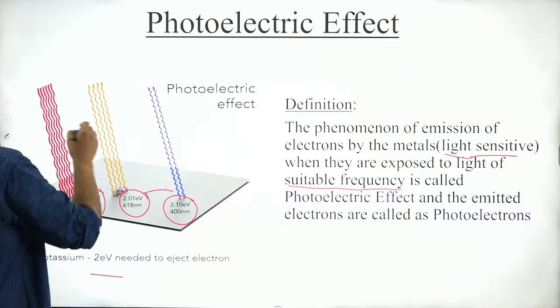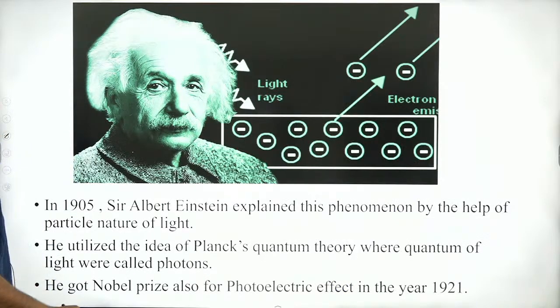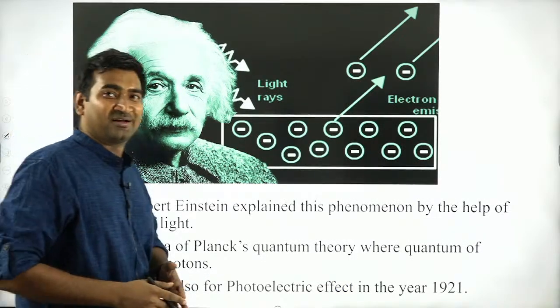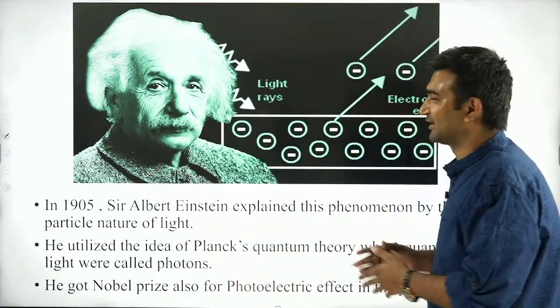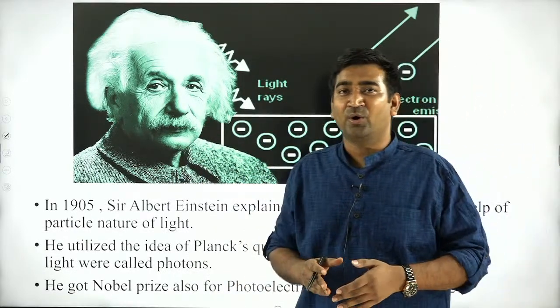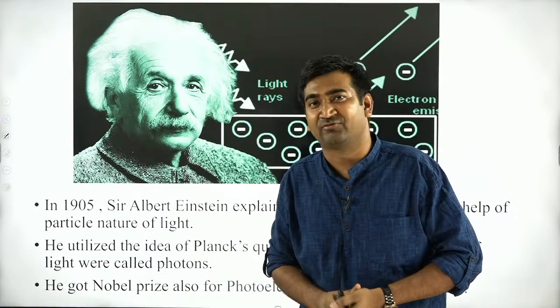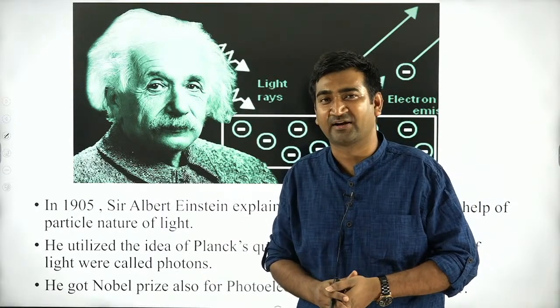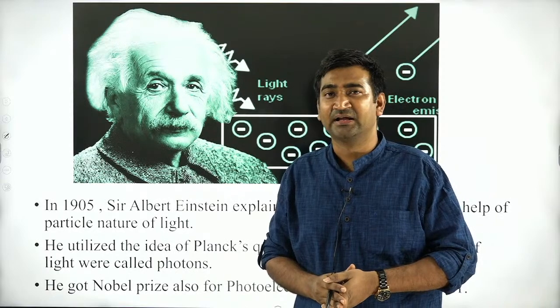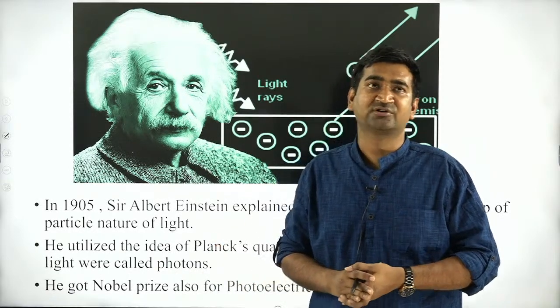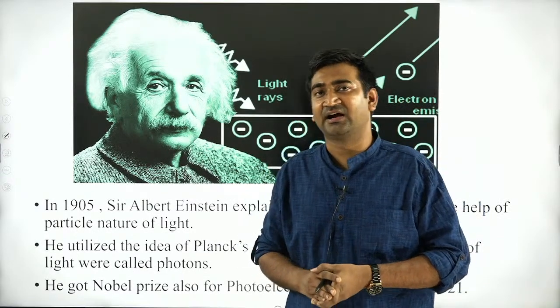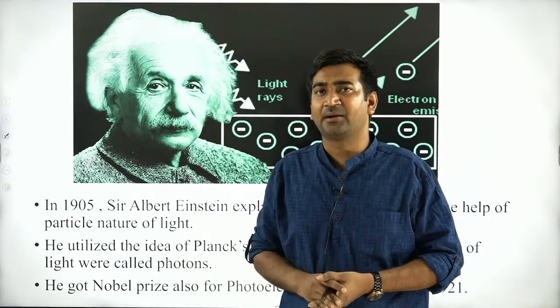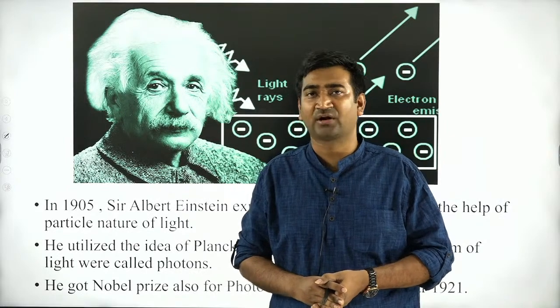Let's move to the next slide. Everybody knows the name, Sir Albert Einstein, he was the one who explained the photoelectric effect. Students, it is very, very important. Before that, there were two more scientists, Hertz and Lenard, who tried to explain but were not successful in explaining the photoelectric effect.